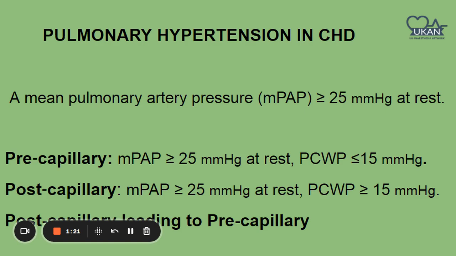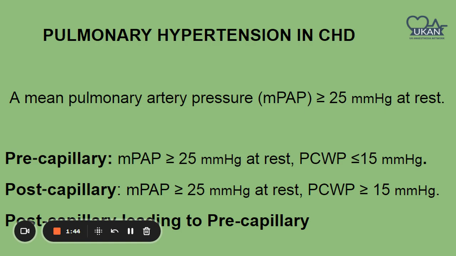Means that the pressure is high before the capillaries, but it is still normal or low after the capillaries. Post-capillary means mean pulmonary artery pressure of more than 25 millimeters of mercury at rest, and the pulmonary capillary wedge pressure is more than or equal to 15 millimeters of mercury.